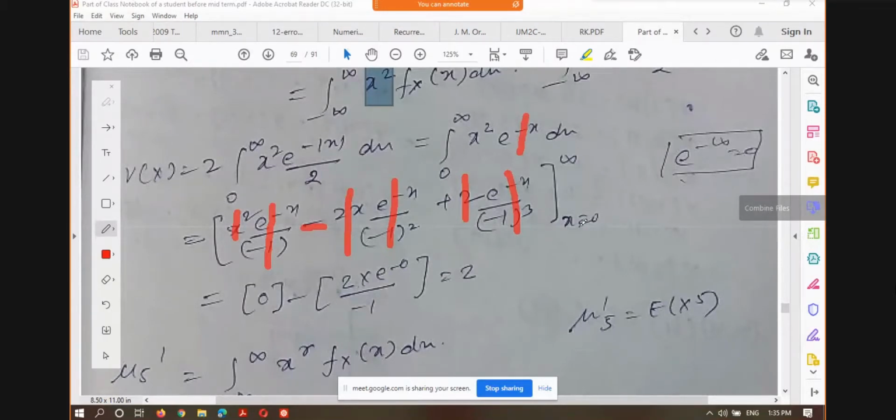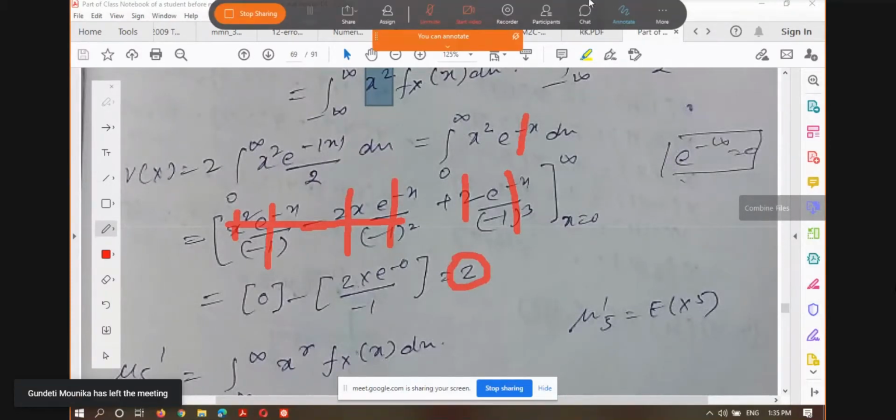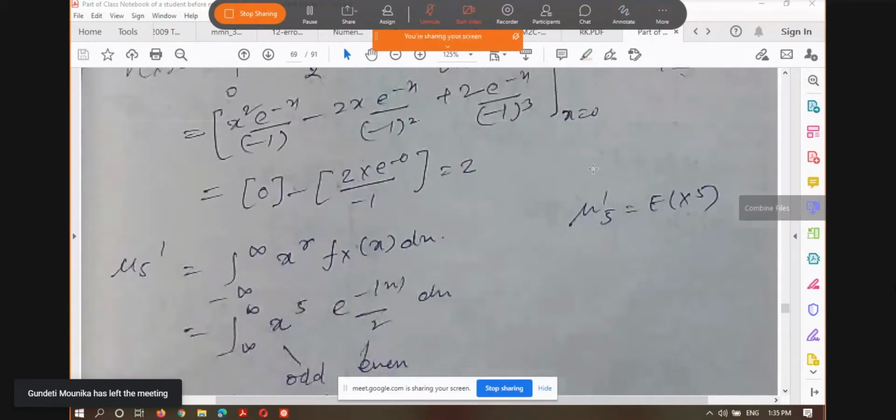Because it's x square, the limits go from 0 to infinity, and at infinity it is 0, and for x equal to 0 this term becomes 0. We only get something from here, that is 2 into e raised to power 0 upon minus 1, and finally 2. So the variance of this particular question is 2.